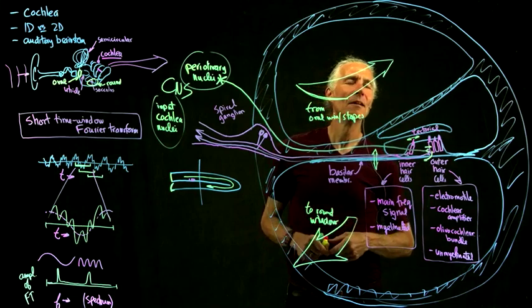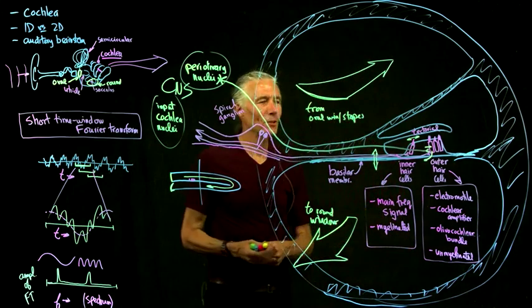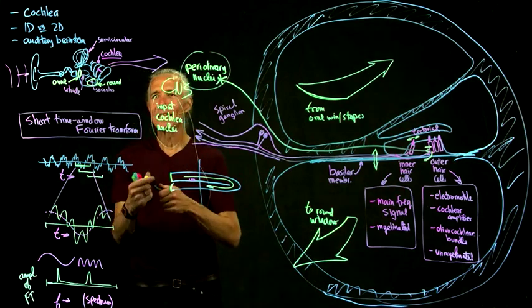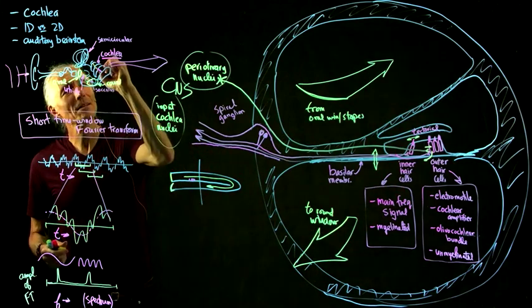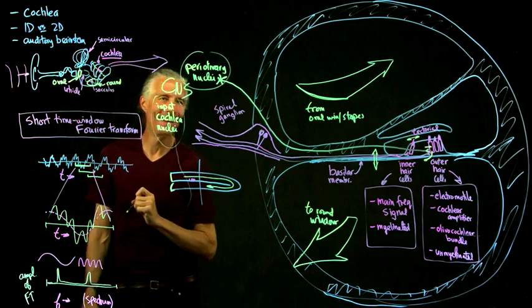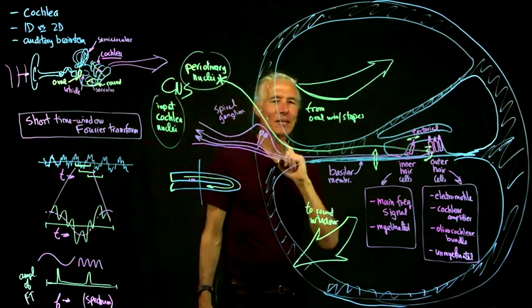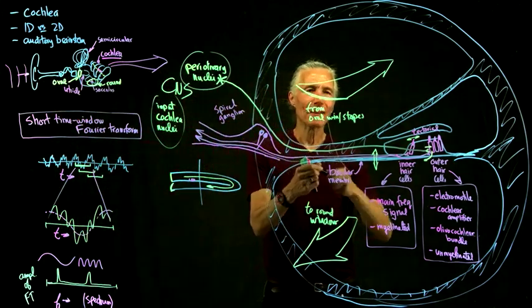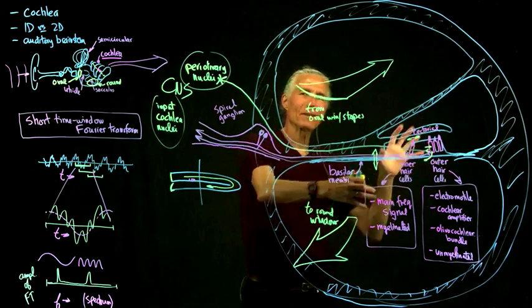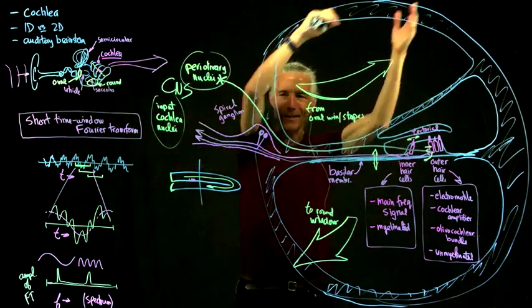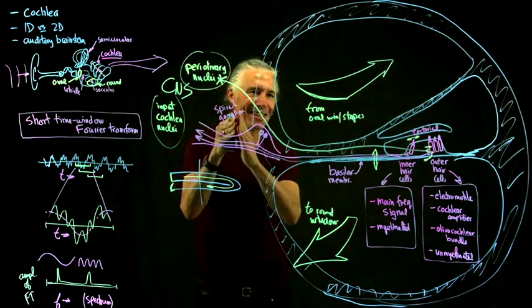Why are inner and outer hair cells called what they are? Yeah. So inner means inner relative to the axis of the snail. The way the snail works is it's going around this way, and so this is the inside of the snail. That's why it's inner.